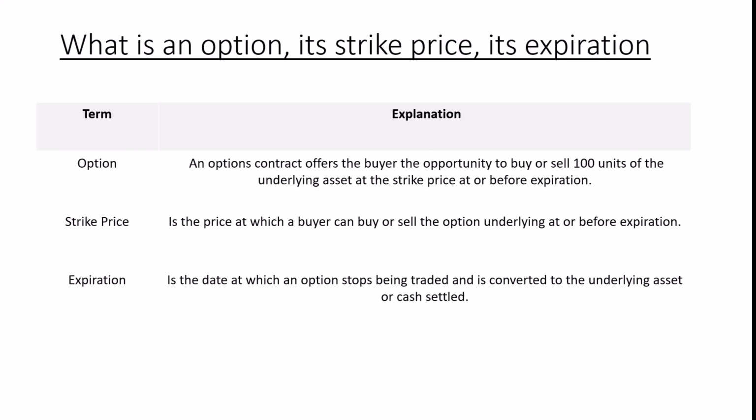So at expiration, when the option still holds some value, this contract might be converted to, for example, 100 Apple stocks if you were trading an Apple option contract. But it might also be cash settled. That means it might be converted to the value of the option in dollars, which usually happens with the SPX. The SPX is cash settled.